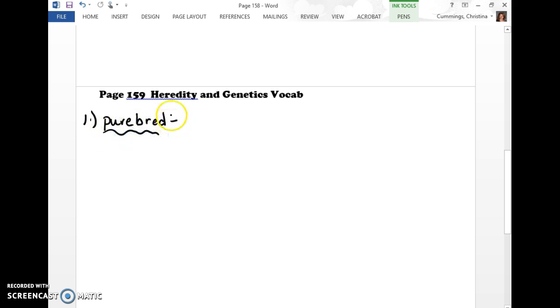Okay, a pure or purebred is when an organism has two identical genes, sorry guys, my spelling is terrible, identical genes or alleles for a certain trait.